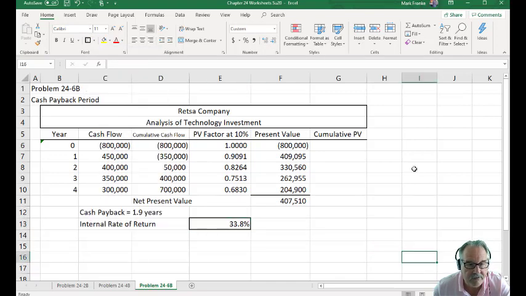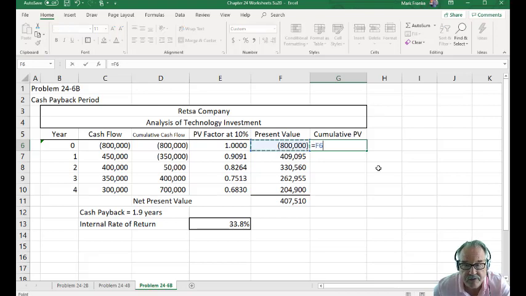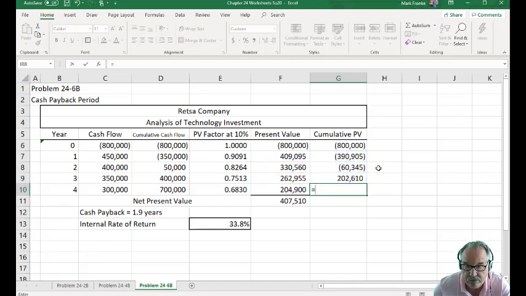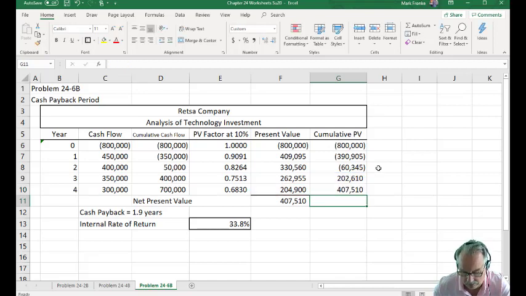Now, if I calculate the cumulative present value, I'm going to do the same thing I did with the actual cash flows, but now I'm doing it with the present value cash flows, and you can see what happens is our payback gets stretched out a little bit, and this is called the break-even time.